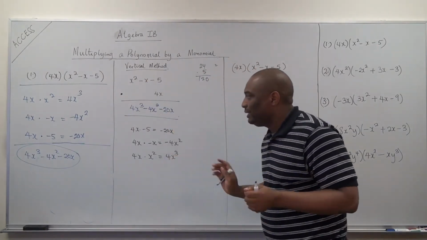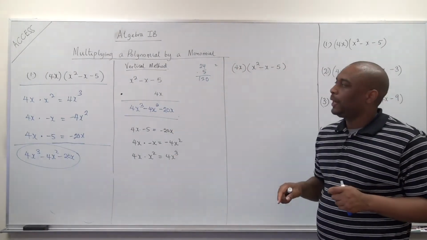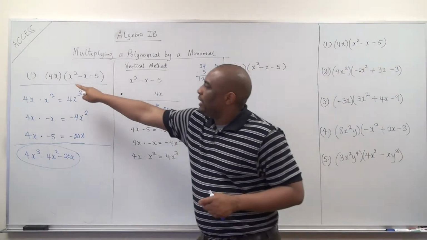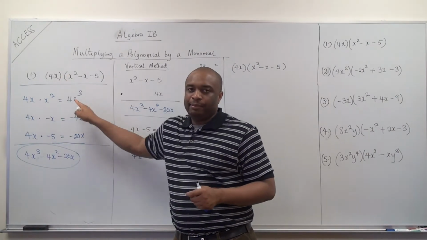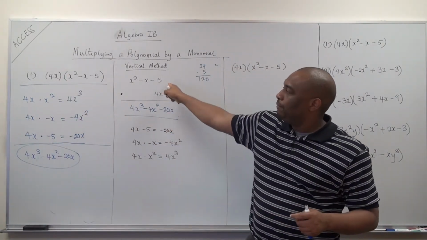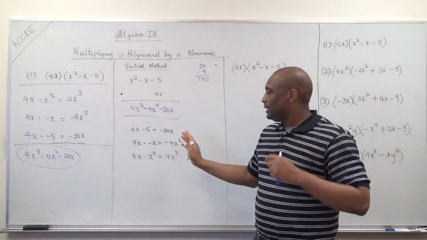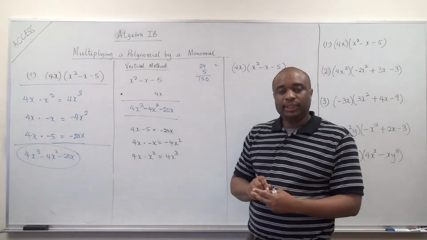It still gives you the same thing, whichever one. Here you see we started from the front. In the vertical method, we started from the back to multiply. Still gives us the same thing.